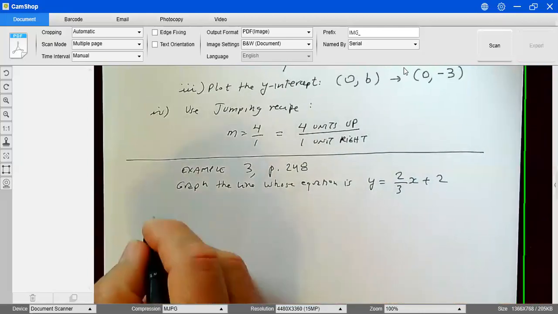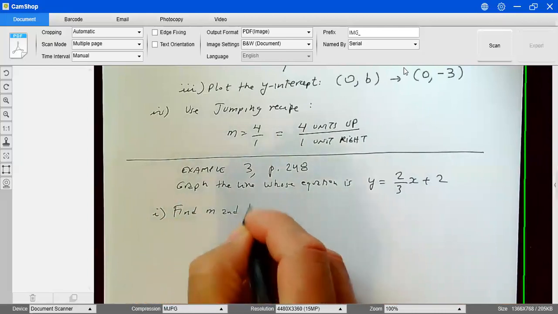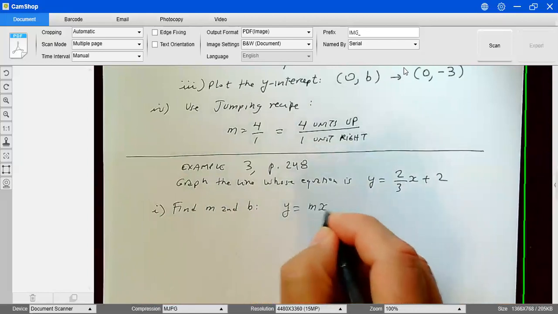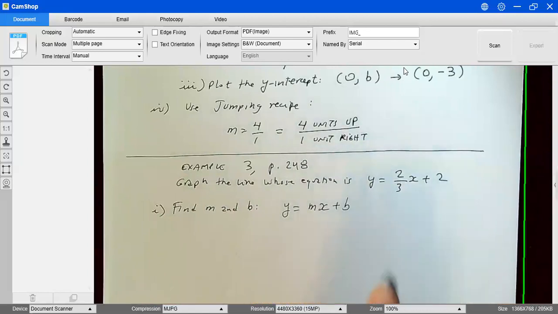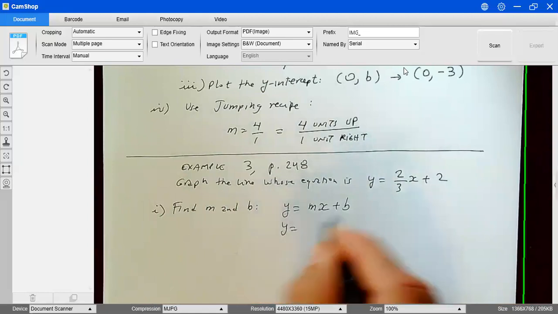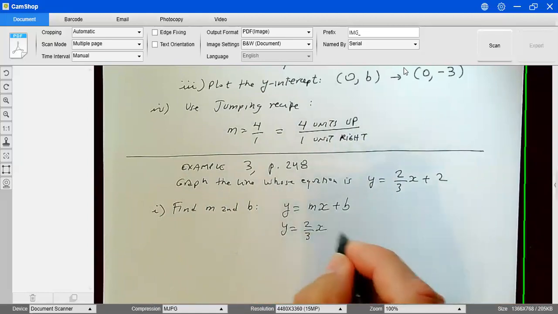So let's start again. We're going to find M and B. So we write the general point, we write the slope-intercept form, and we also write the given equation, trying to align the equal sign and the x's.